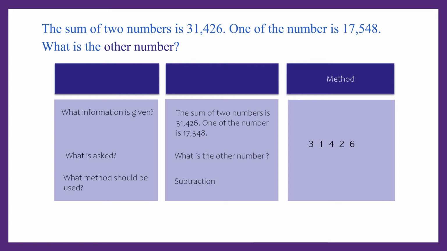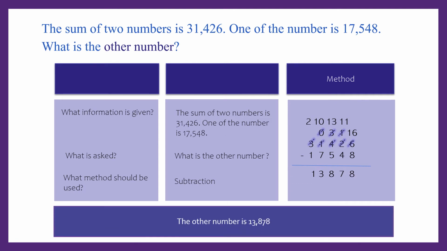So 31,426 minus 17,548. We will get the answer 13,878. So we will write this answer in a statement. The other number is 13,878.